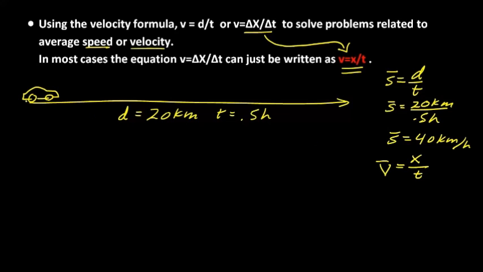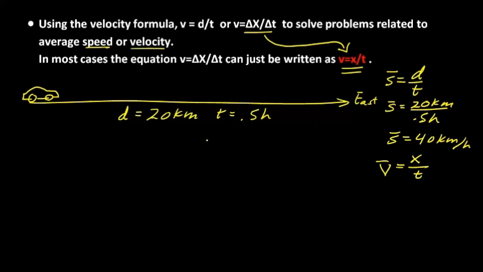In this problem, the car is moving, it looks like, towards the right hand side of the paper, and by convention, when you look at a map, north is at the top of the paper, south is at the bottom, west is to the left on the paper, and east is to the right. So this car is traveling east.